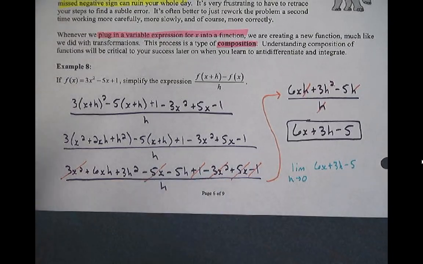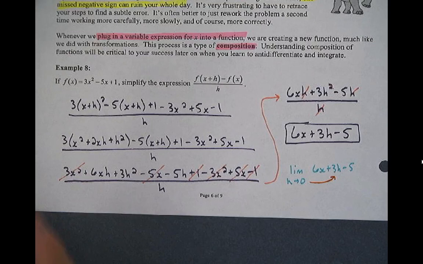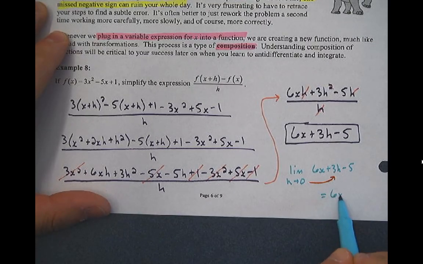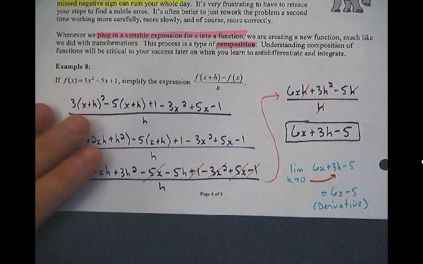We would plug in 0 for h, and we would get what's called the derivative. That would be our derivative function. You might remember that from the spring.